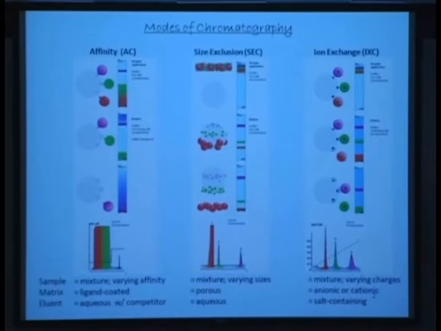In essence, the matrix that we utilize in the column is loaded with one of the partners. It can be a receptor, it can be a lectin, it can also be the glycan that we are trying to measure. In that case, the partner becomes the lectin or the receptor or other interacting protein.